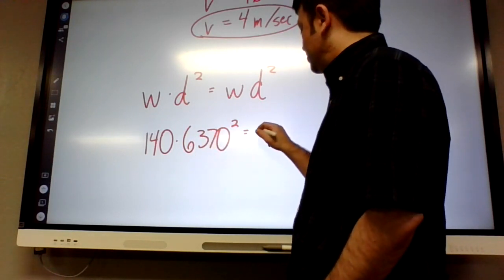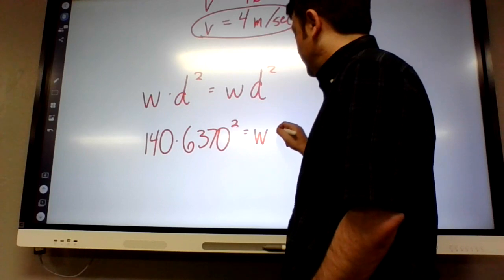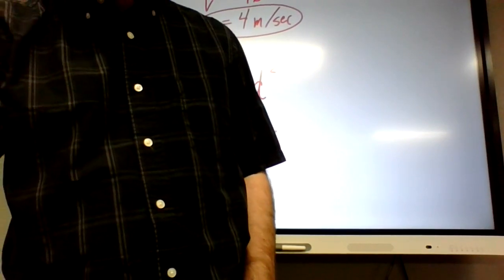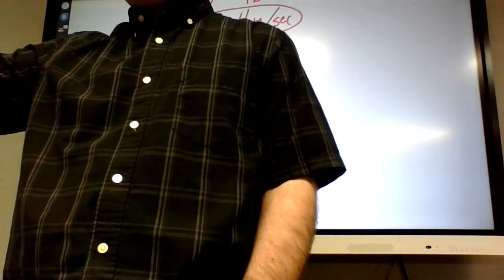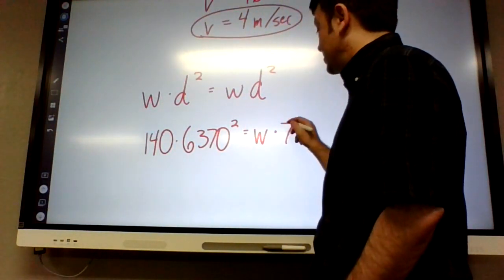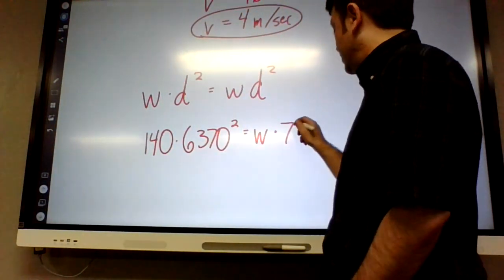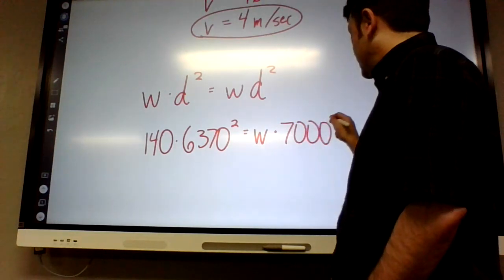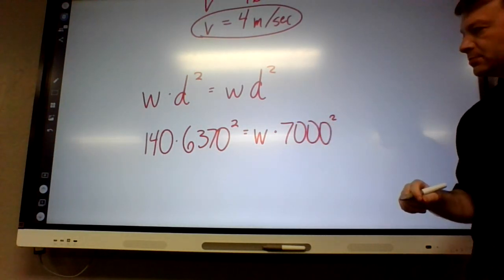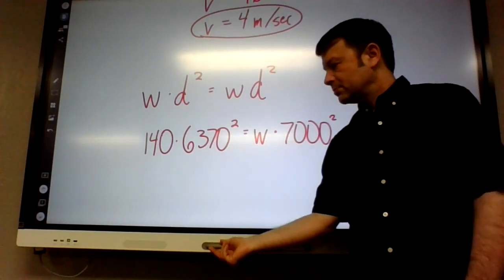And then the question is, what will your weight be if you are 630 kilometers above the earth? If you're 630 kilometers above the earth, you're 7,000 kilometers from the center. Just add those two together. So that should be 7,000 squared.